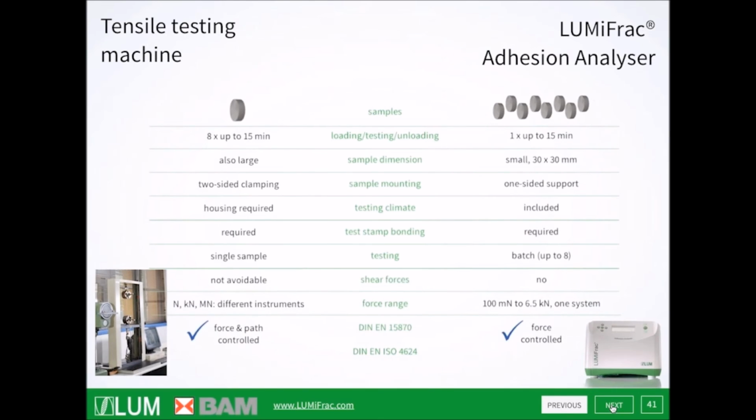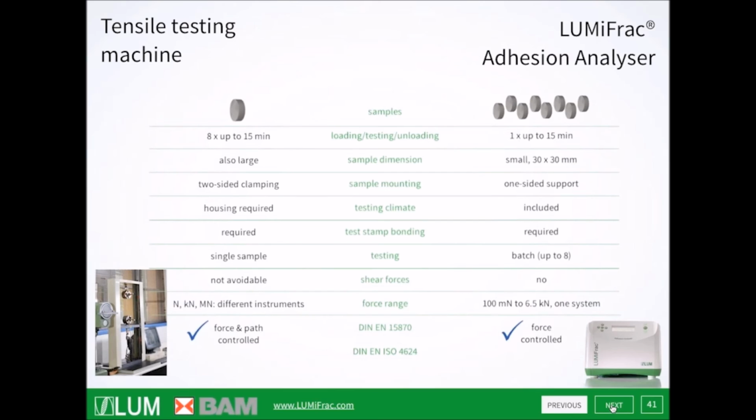So what else? We already talked about that shear forces in the adhesion analyzer normally can't occur because the centrifugal force is directed in the direction of the radius. This is different with the tensile testing machine. Here it's very difficult to avoid any shear.